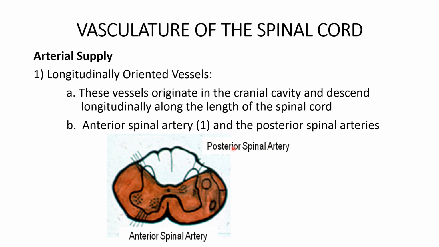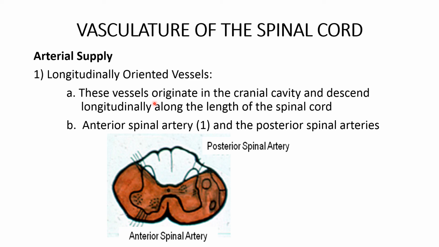The posterior spinal artery, there are two of them. One that sits right here, one that sits right here, and each one of them feeds the dorsal column on that side. So damage to one posterior spinal artery would affect dorsal column sensation, which is position and vibration and fine touch on that side.